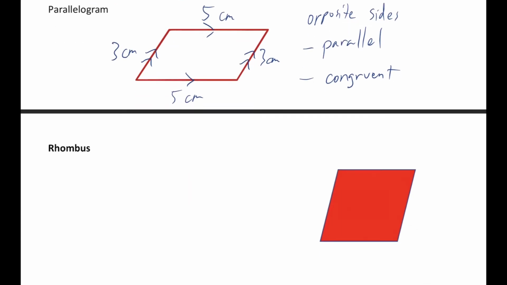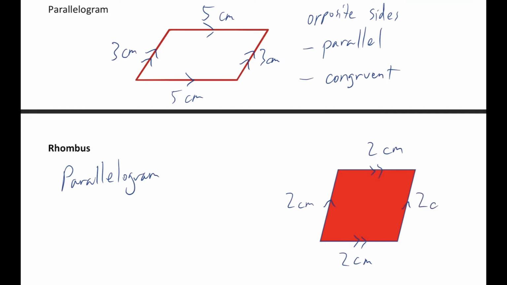All right, so a rhombus. Here's the first type that we're going to talk about, a specific type. A rhombus is a quadrilateral, meaning that it has 4 sides, and a rhombus is a parallelogram. So if a rhombus is a parallelogram, I know my opposite sides are parallel, and I know my opposite sides are congruent. So if that's 2 centimeters, that has to be 2 centimeters.